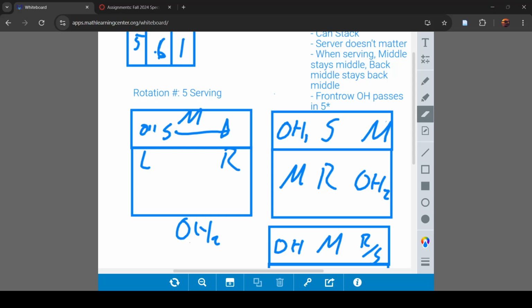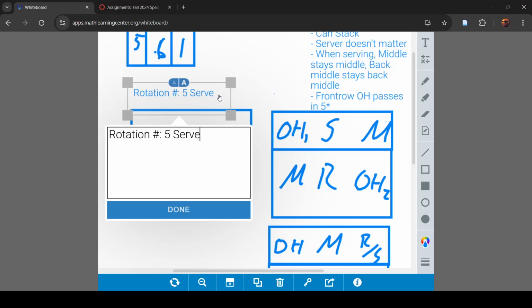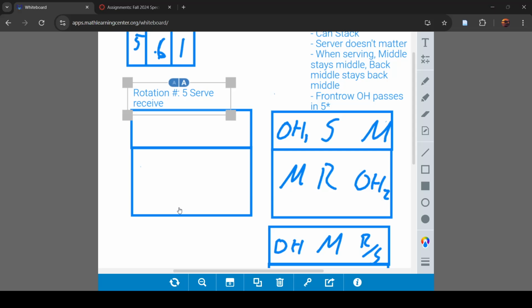Now, on to serve receive. Rotation 5 serve receive.